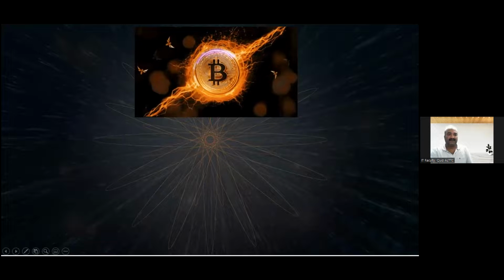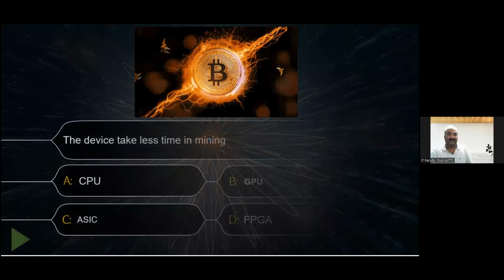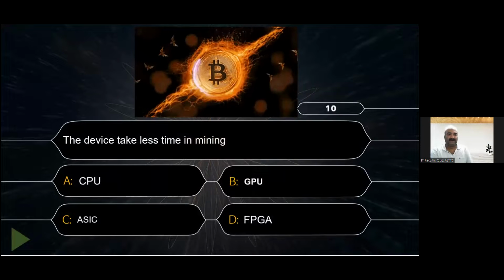I'm getting answers from most of the people, so it seems everyone is not sleeping and giving the answer. Most of the people are giving C and D. There is a bit of confusion between C and D. So let's check what the correct answer is, which is the device that takes less time in mining.